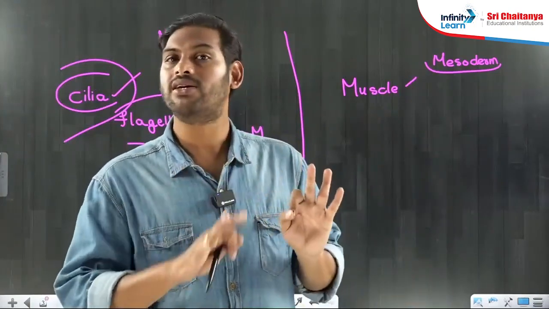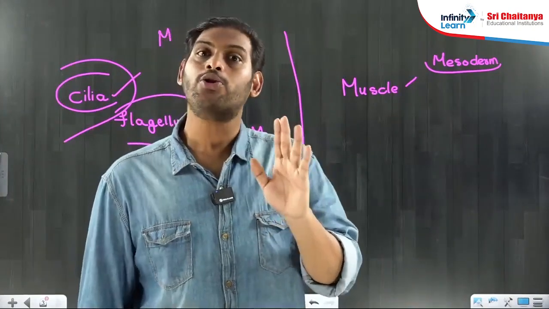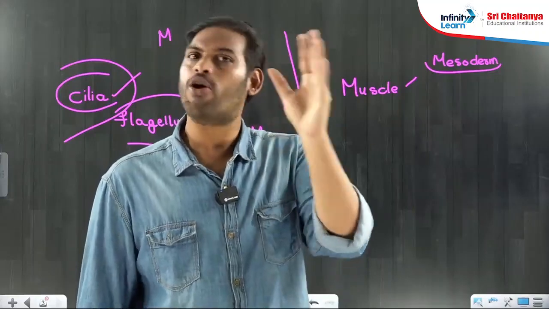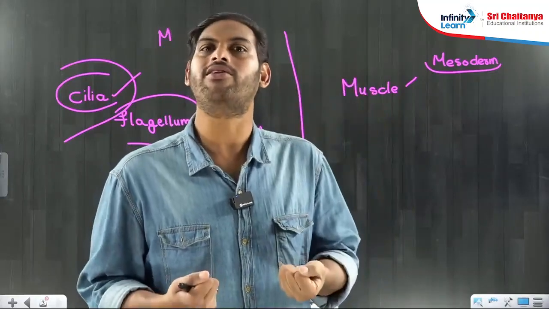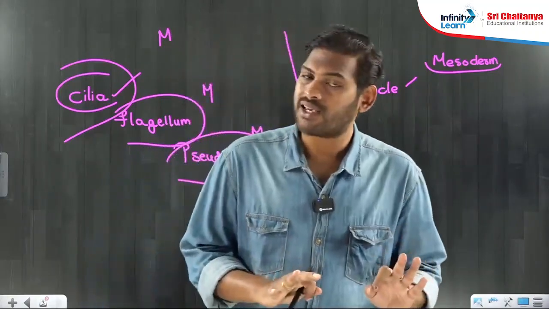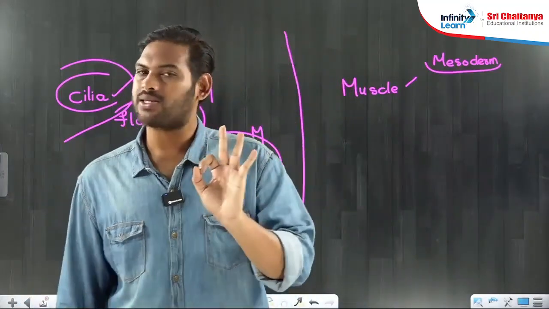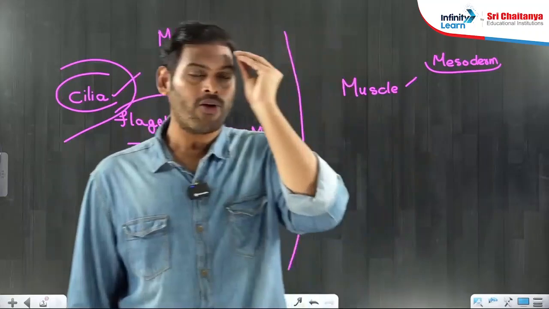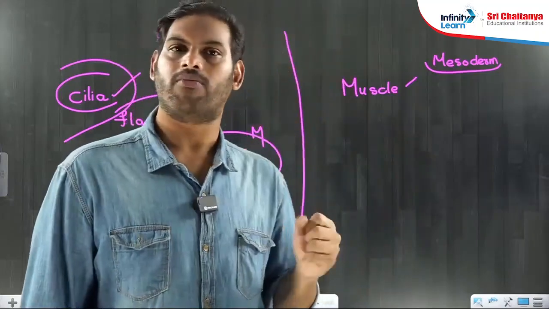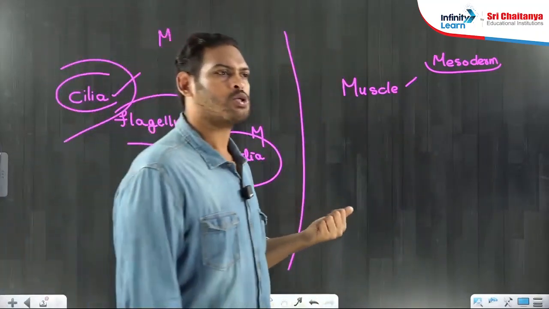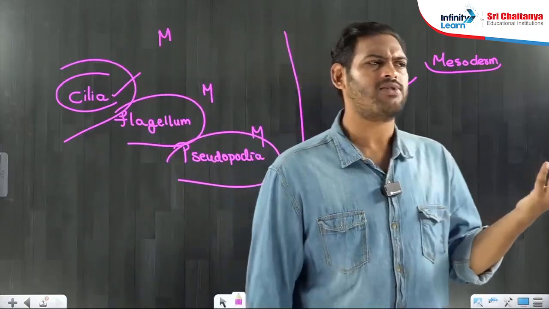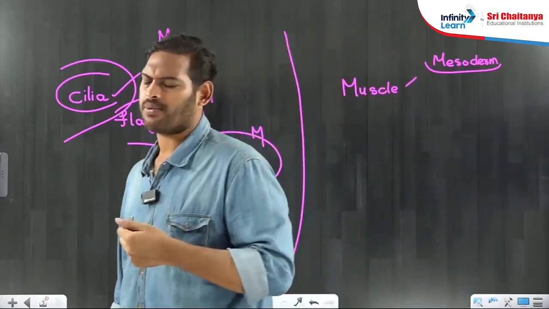There are muscles which you can control just by thinking of them, voluntarily. But there are muscles which you cannot contract or relax even if you think. That is done by your autonomic nervous system. So there are voluntary muscles as well as involuntary muscles.